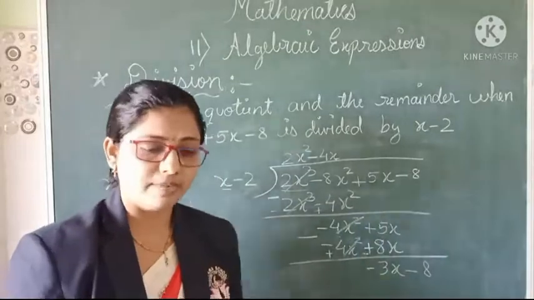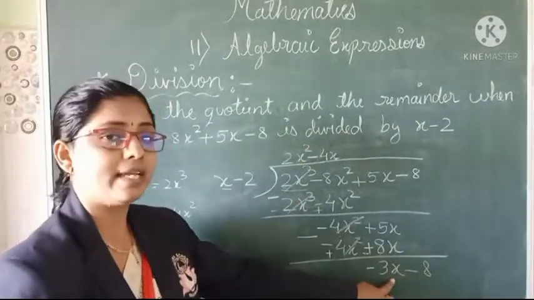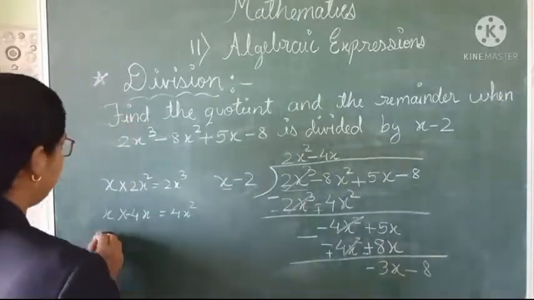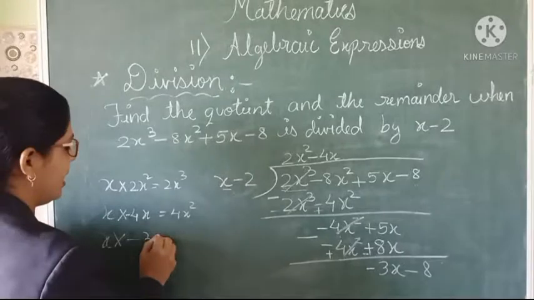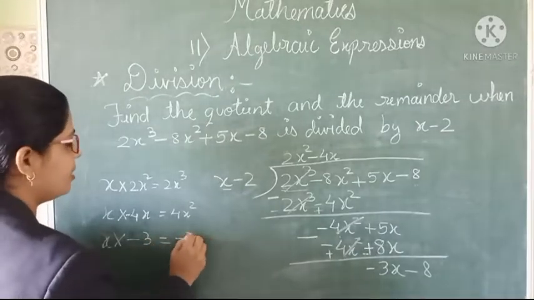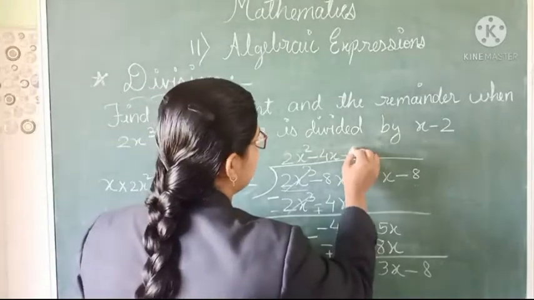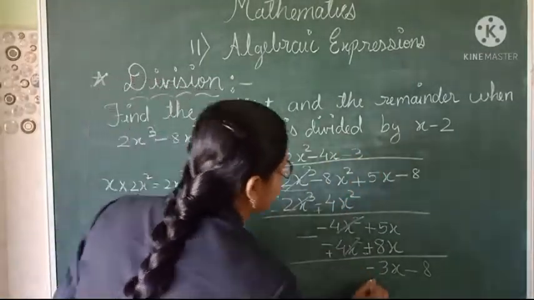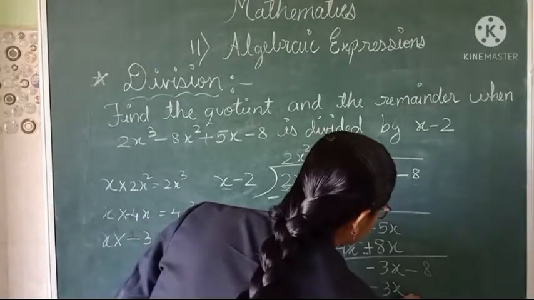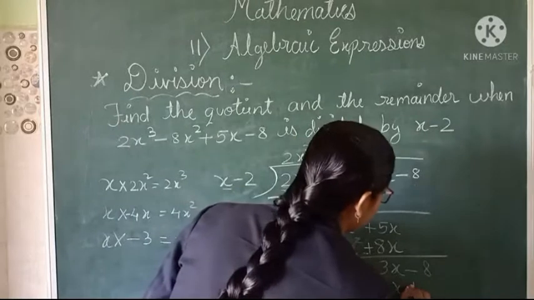Now what number will I take here? So here I should get 3x. So x multiplied by negative 3 I will do, and equals I will get negative 3x, right? So what will I do here? Negative 3. Then negative 3 into x is negative 3x. And negative 2 into negative 3 is positive.